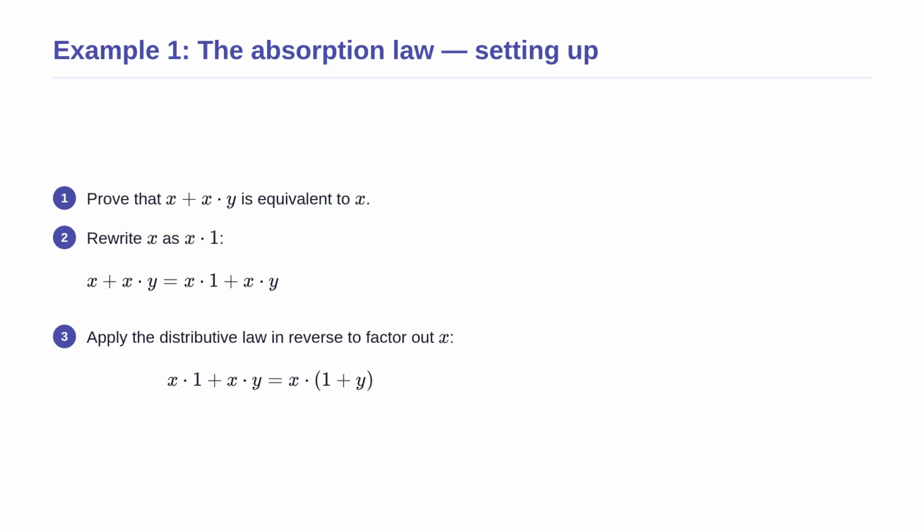First, we rewrite the single variable x as x and 1. In Boolean algebra, anything ANDed with 1 remains unchanged, so this is a perfectly valid substitution. Next, we apply the distributive law in reverse. Since both terms share an x multiplied by something, we can factor that x out, leaving us with 1 or y inside the parentheses.